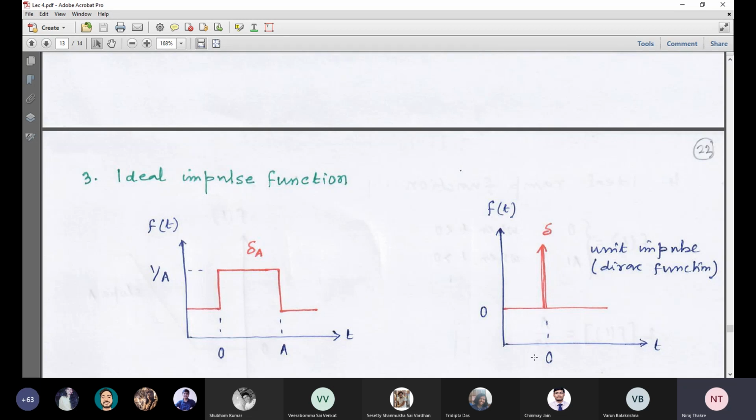Now when this duration a is approaching 0, naturally the height is going to infinity.